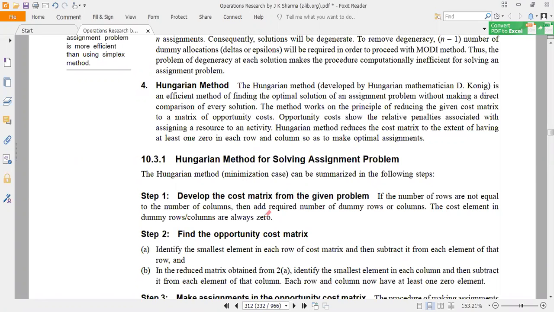If it's a square matrix, then only the problem will be balanced, because here supply and demand both are equal to 1. That is, only one operator can work on only one machine. If we say that an operator can work on 2 machines, then it will not be a balanced problem. It will not be an assignment problem. It will go to the transportation problem case.